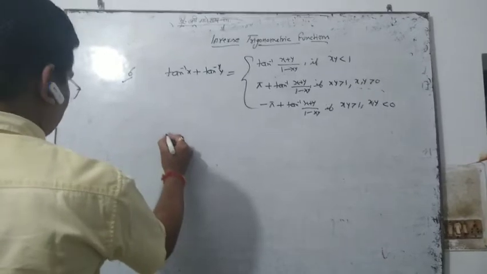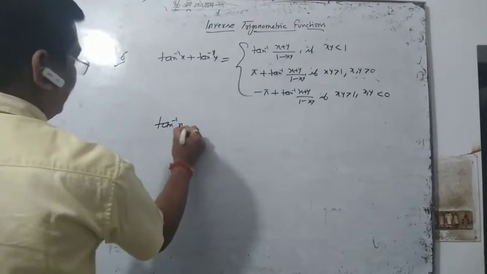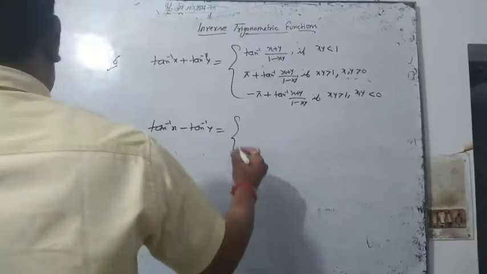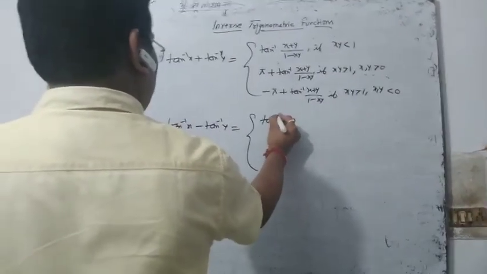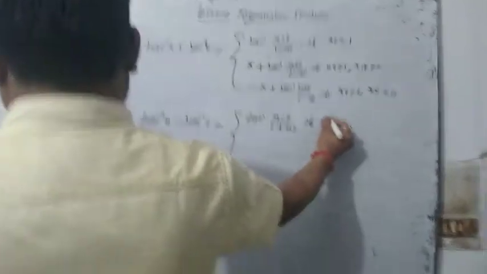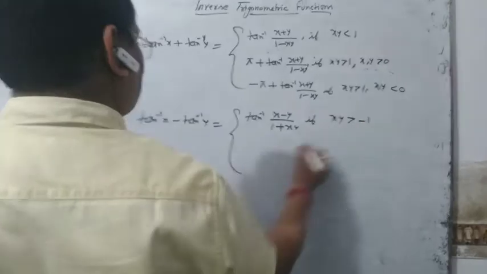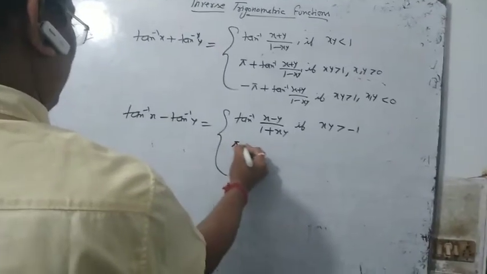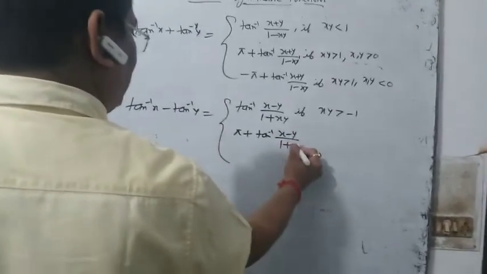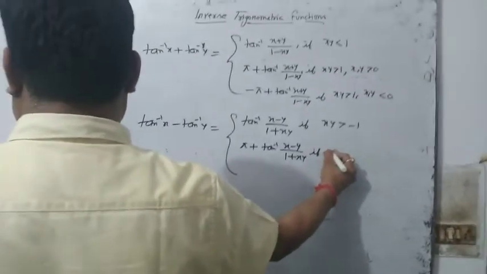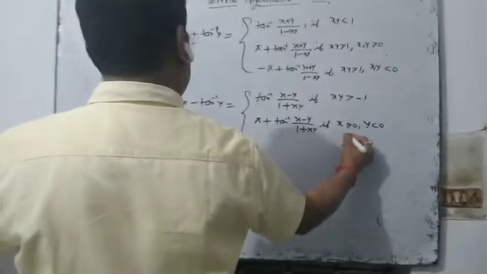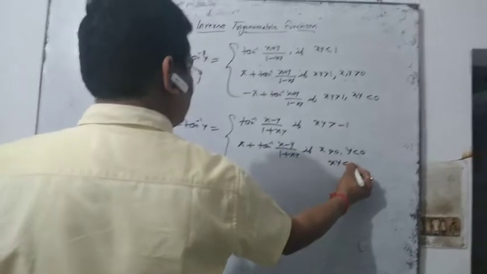Similarly, tan inverse x minus tan inverse y means tan inverse of (x minus y) upon (1 plus xy) if xy is greater than minus 1. Second point, pi plus tan inverse of (x minus y) upon (1 plus xy) if x is greater than 0, y is less than 0 and the product xy is less than minus 1.